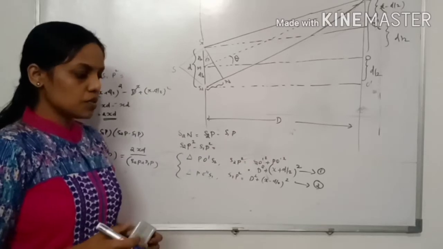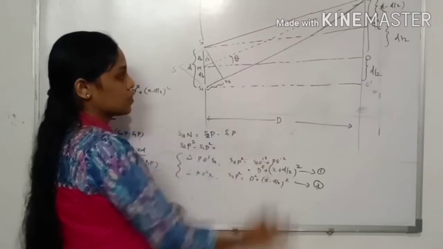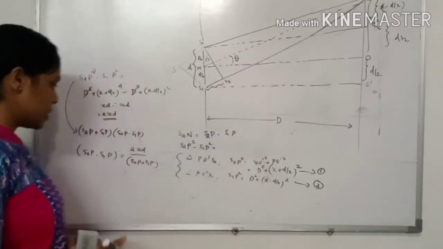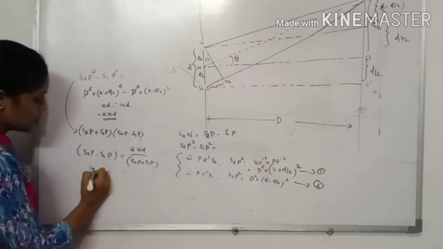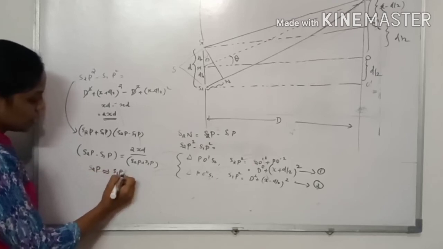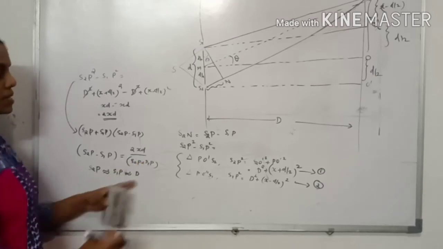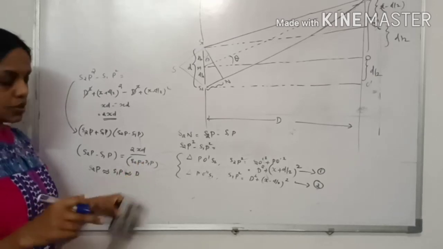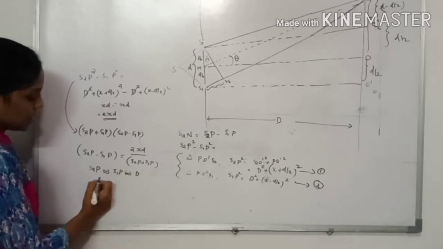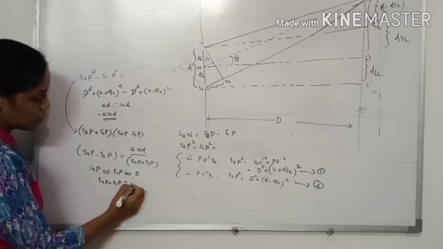There is only a small difference between D and S2P and S1P. So S2P plus S1P is approximately 2D.